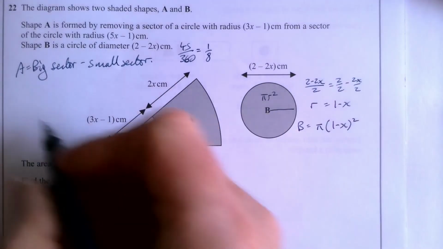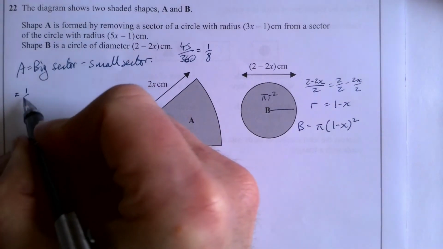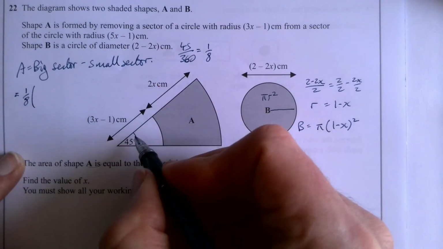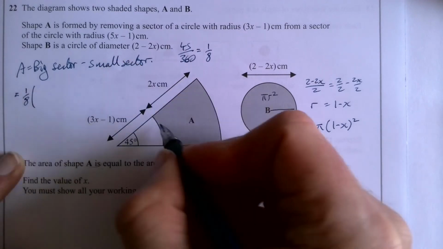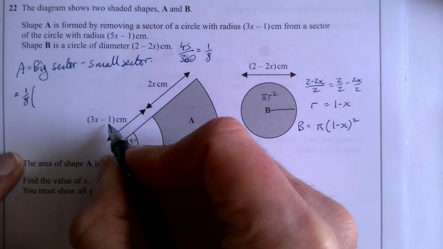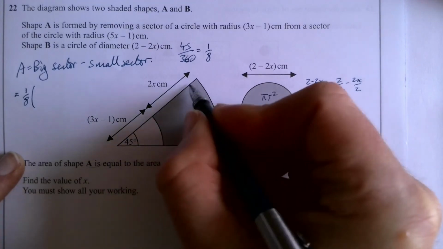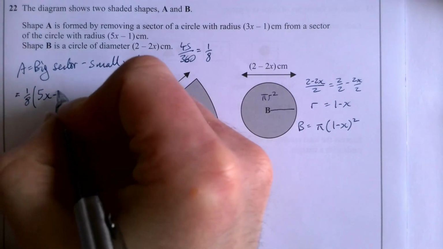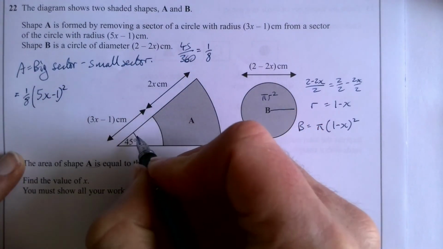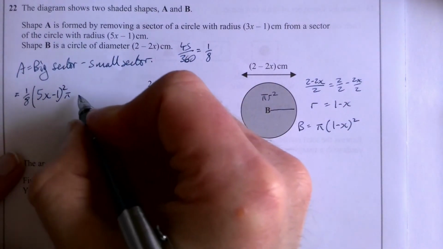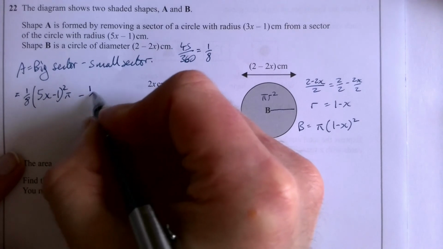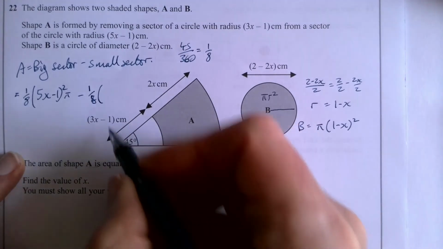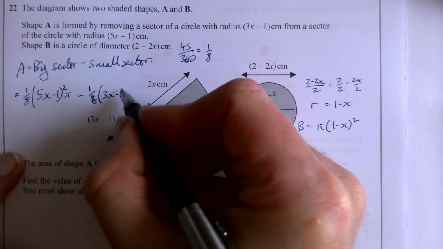So the big sector is going to be 1/8 of pi r squared again. So the radius will be 2x plus 3x minus 1, which is 5x take 1, squared, but we also need to times that by pi, don't we? And then we're going to be taking away 1/8, and the small one is just going to be the 3x take 1 squared.